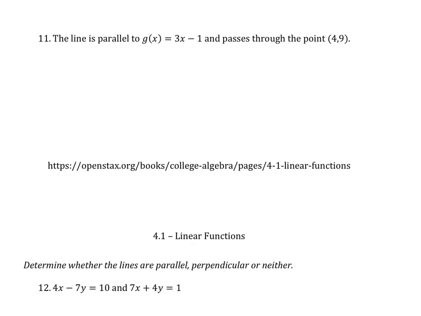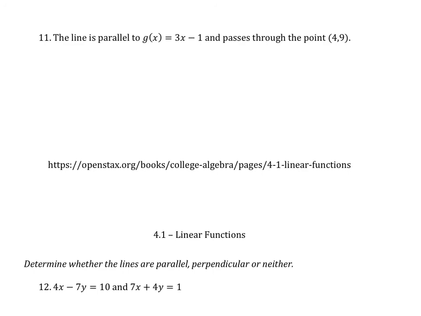All right, number 11. The line is parallel to g of x equals 3x minus 1 and passes through the point (4, 9). So here we need to find a line that is parallel to this line and passes through the point (4, 9). Remember, lines that are parallel have the same slope.